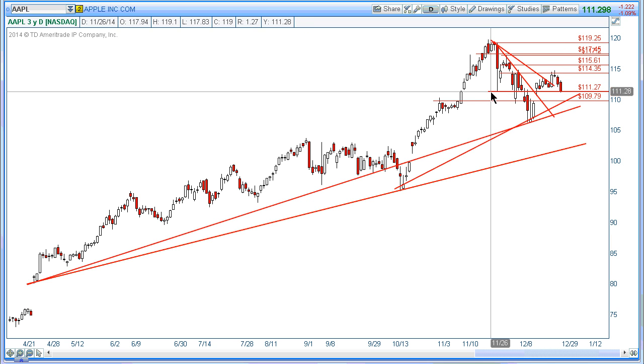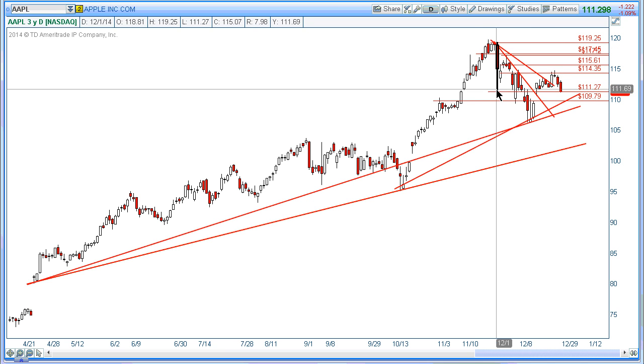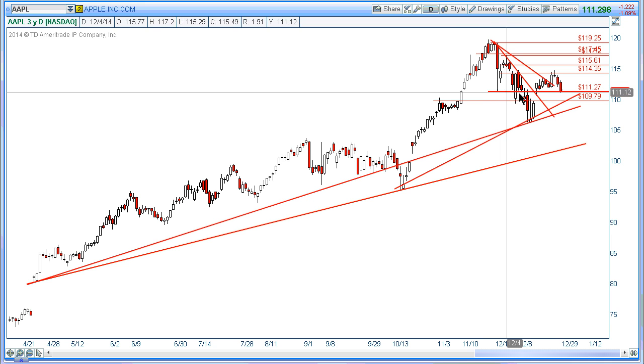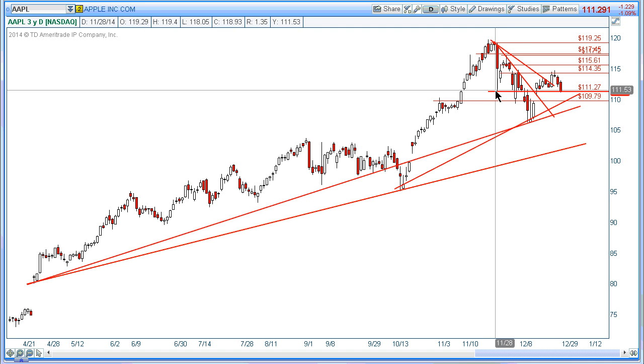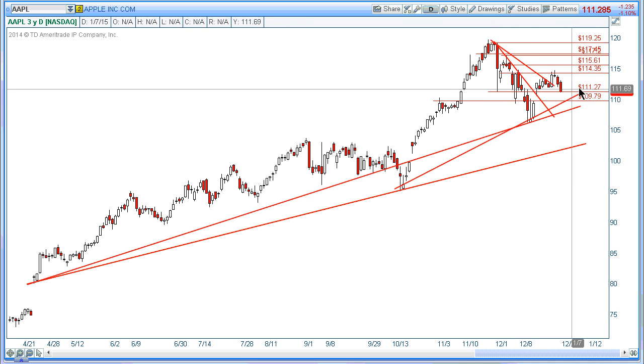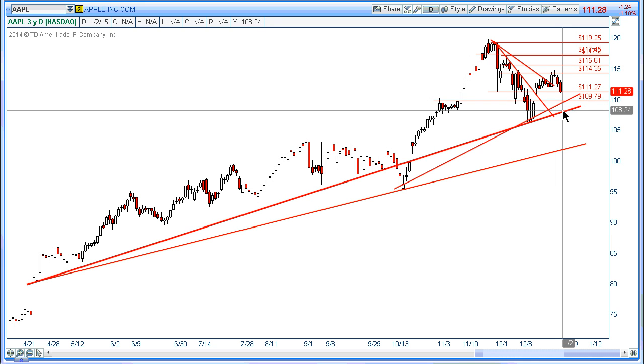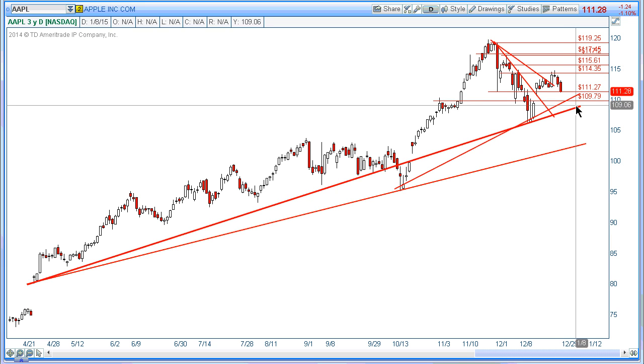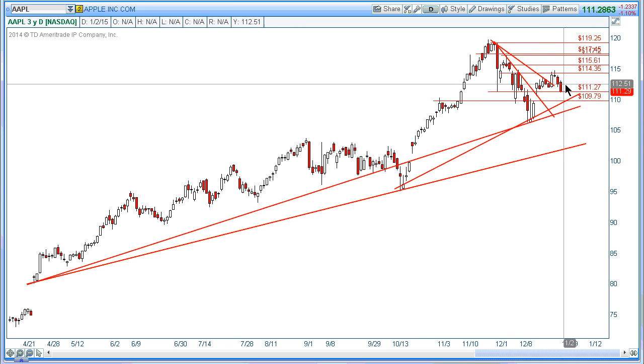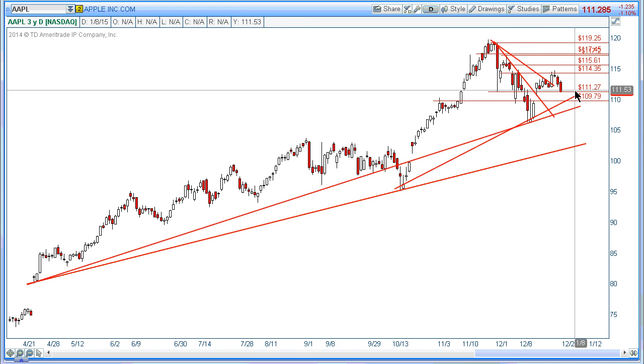If it breaks this flash crash day level of 111.27 again, which is a key point we've been talking about for quite a while, then it could come back down. Then we might want to monitor this 109, 107 area and see if we could get a bounce off of that. Right now I don't have any trade set up for Apple, just monitoring it.